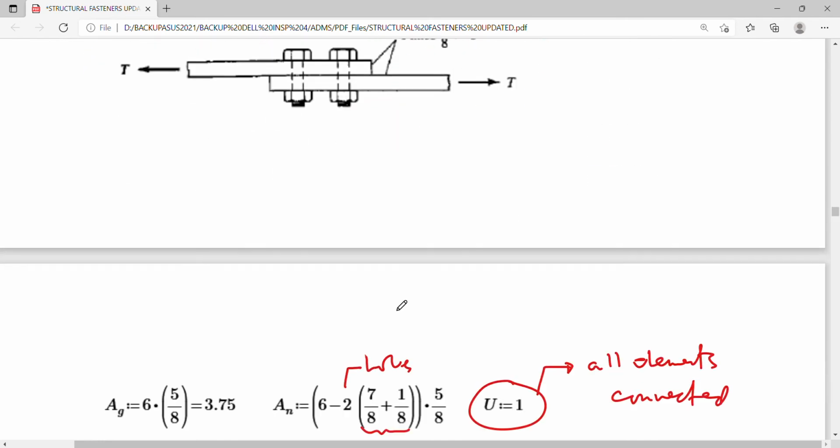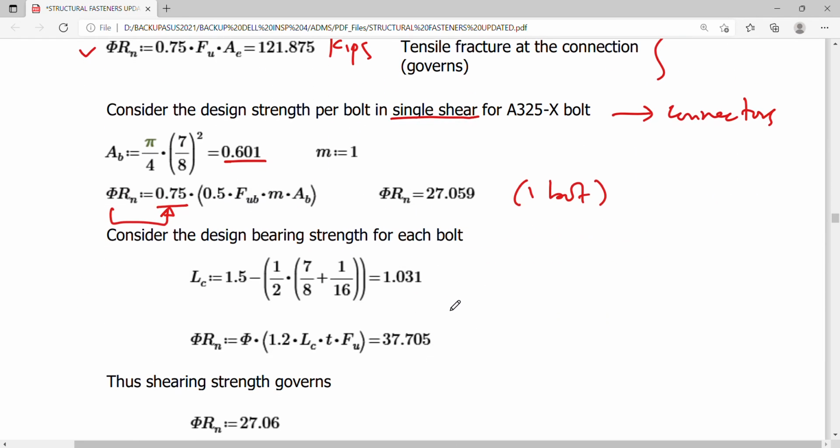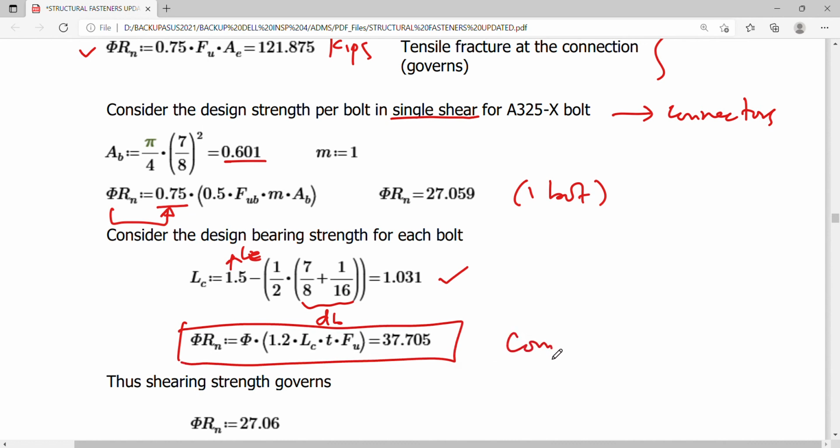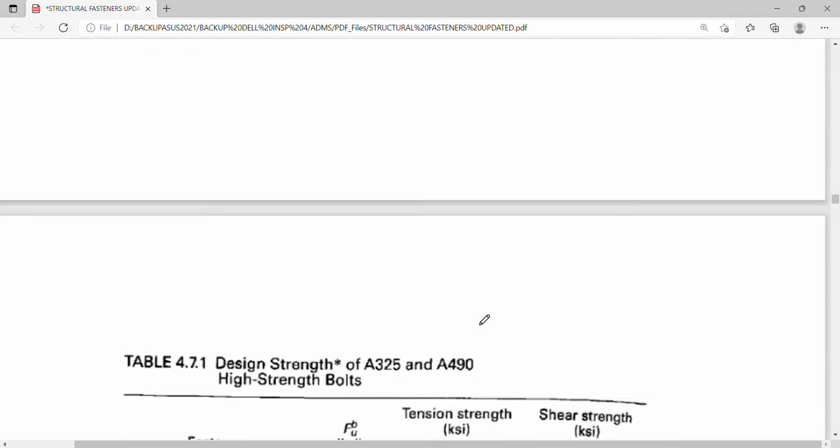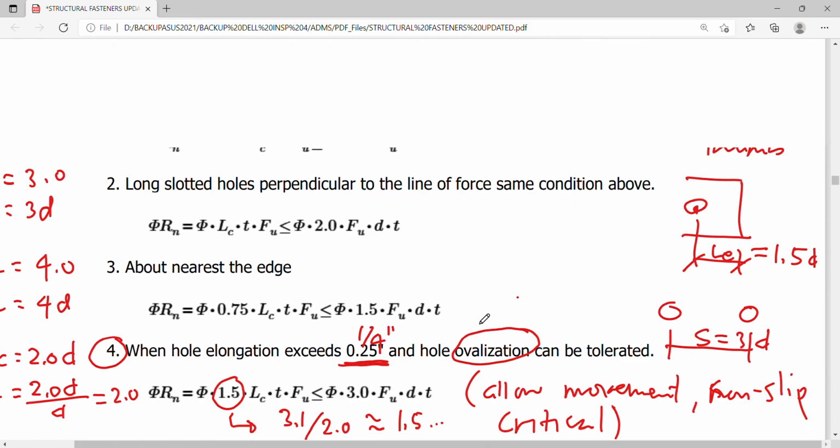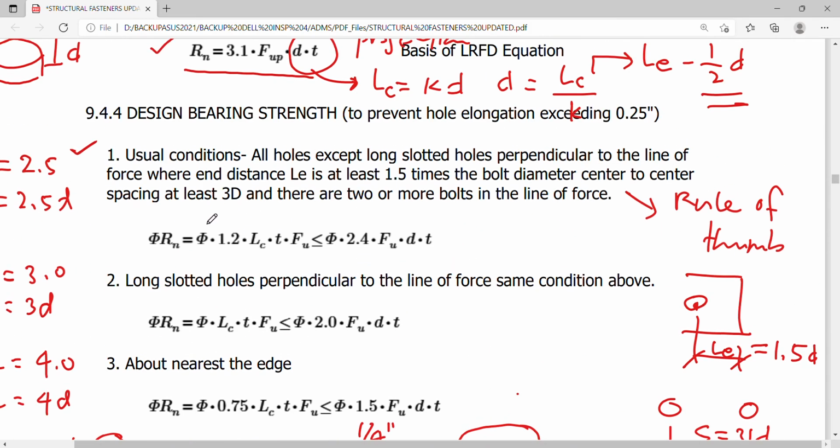So LC is LE minus 1/2 of the diameter of your bolt, which is 1.031 inch. We now use this formula because this is the common case, the case 1 scenario I was referring to in the lecture on top. So this is the capacity.